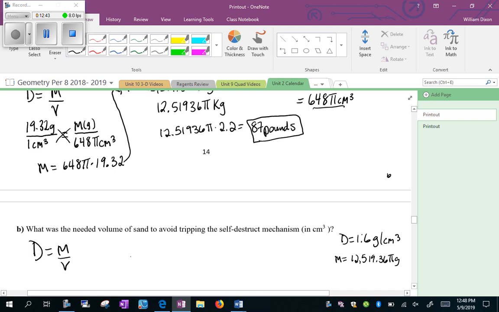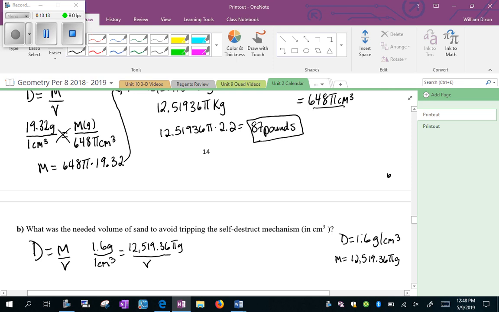So let's substitute in: 1.6 grams per centimeters cubed equals 12,519.36 pi grams divided by V.